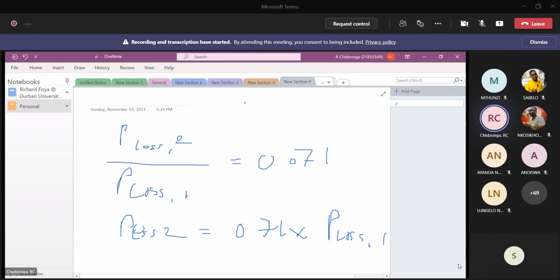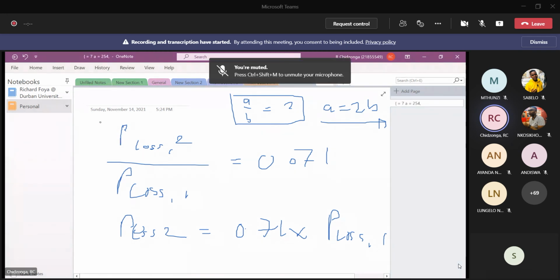If I write an equation like this, if I say A divided by B is equal to 2, then I say A is equal to 2B. What am I saying? I'm only saying A is twice as much as B. Whatever the value of B, A is 2 times that value. That's what this ratio is saying, right?